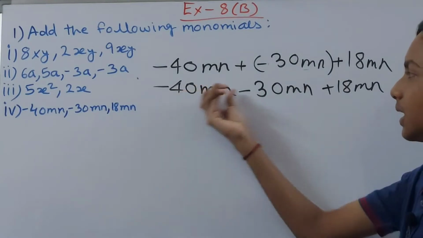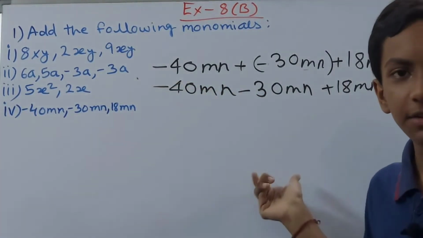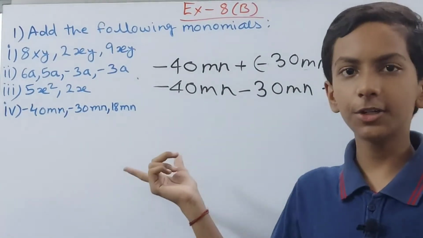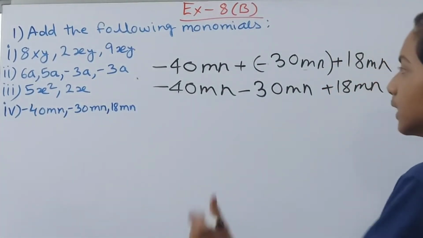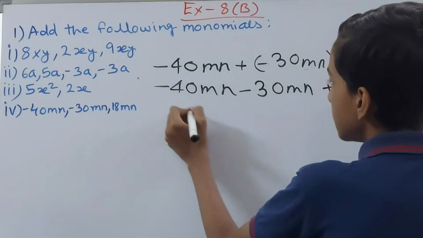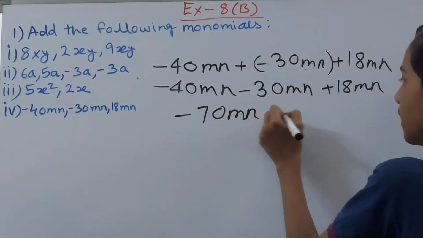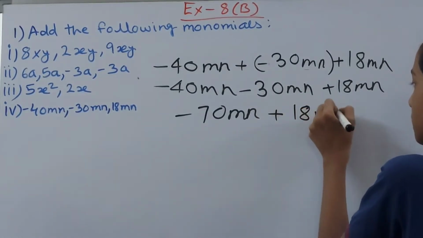Now we first add the negative integers. It is totally up to you in which order you want to add, but I am first adding the negative integers here. So minus 40 and minus 30 is minus 70mn. And still we have the plus 18mn, so don't forget this.